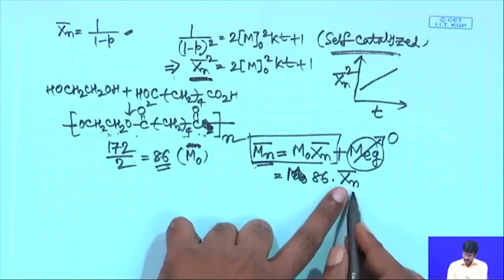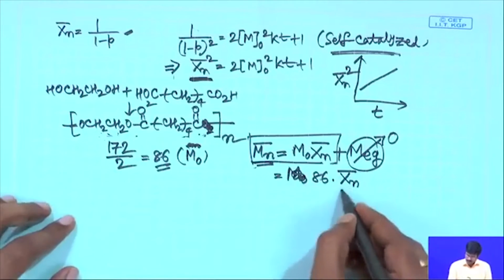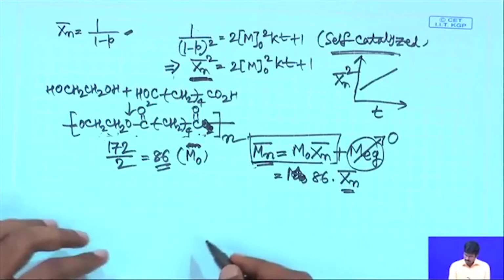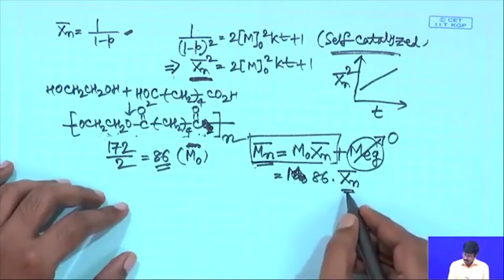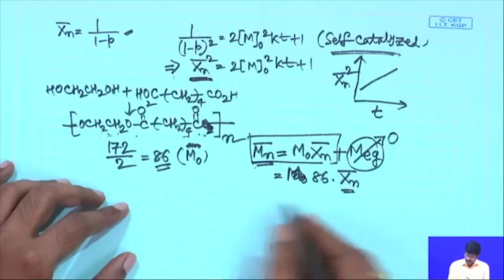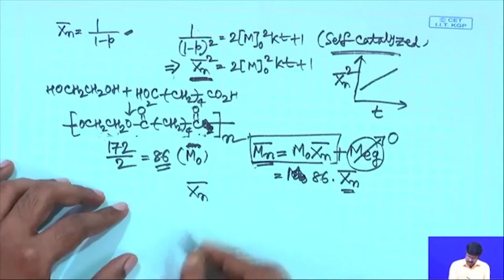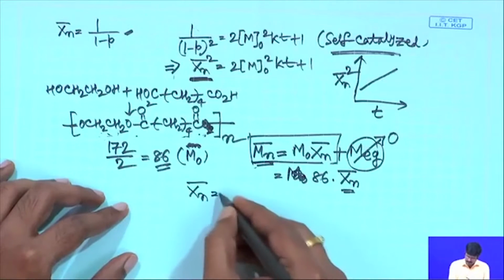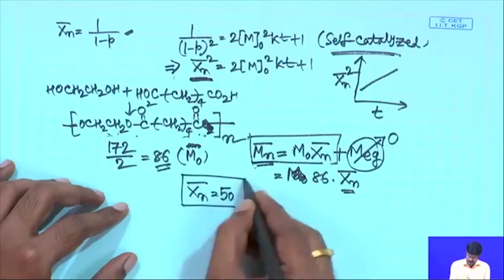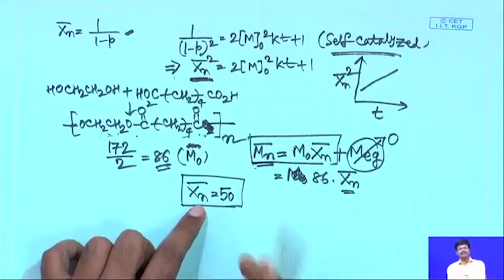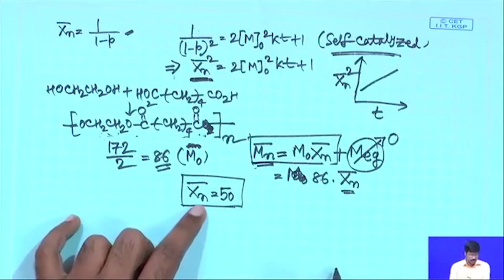Now, let us say your Xn bar is 50. You are actually targeting a particular number average degree of polymerization for your purpose.